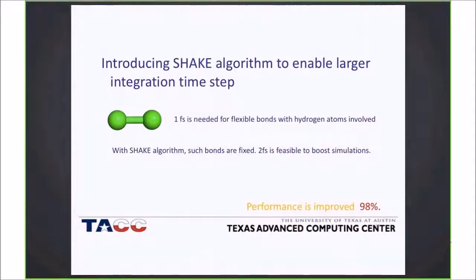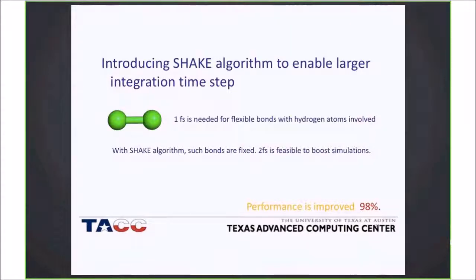In molecular dynamics simulations, a 1 femtosecond time step is needed for flexible bonds with hydrogen atoms involved, due to the low mass of hydrogen atoms. Simulations using larger time steps are not stable, and the total energy does not conserve well.